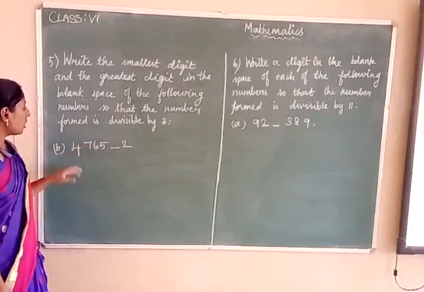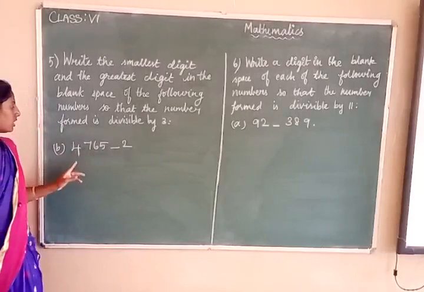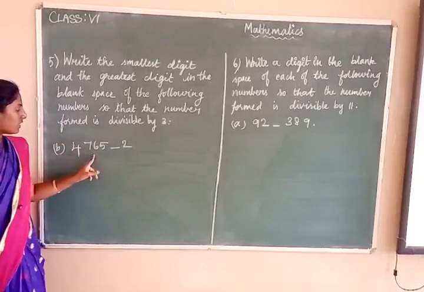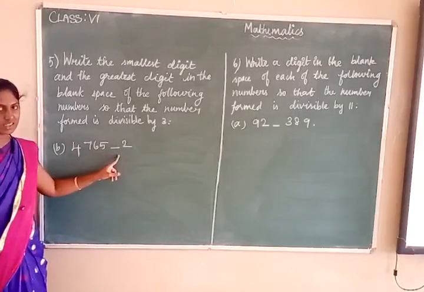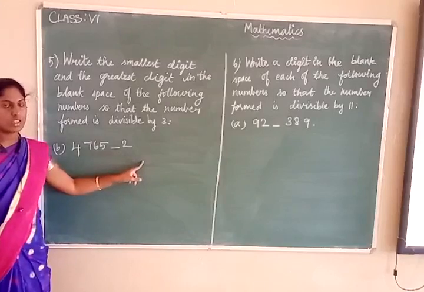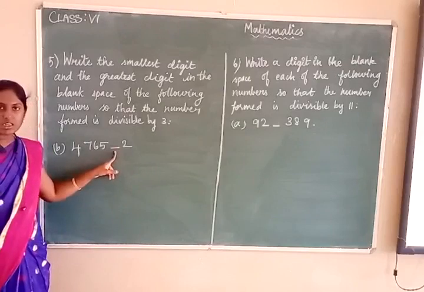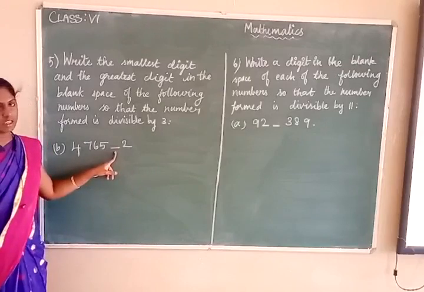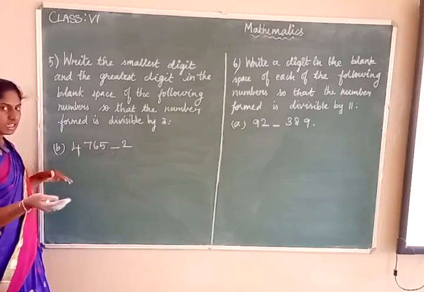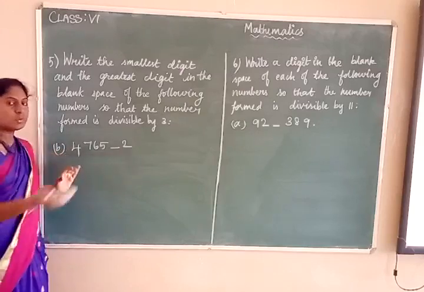So what number is given here? 4, 7, 6, 5 and a blank is given and 2 is given. We have to fill this blank with the smallest number and also with the greatest number so that the number formed, together with all these digits, should be divisible by 3.